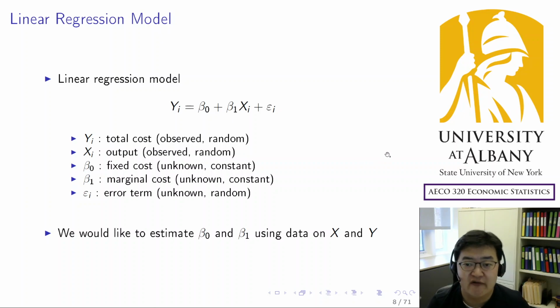That means, obviously, they are not observed. And also, the error term is unobserved. That's the definition of error. You don't know how much the error is. If you knew the error, then you would know the exact amount. So that's not realistic. Error happens, but you don't know how much the random error was. So it is also unobserved.